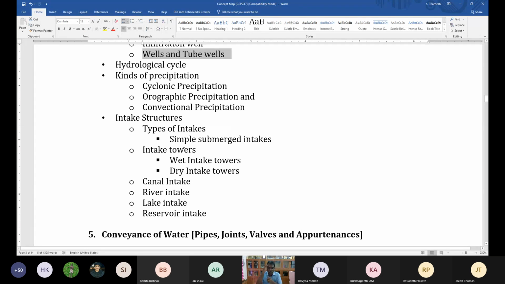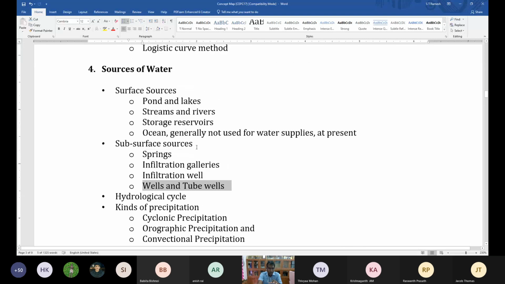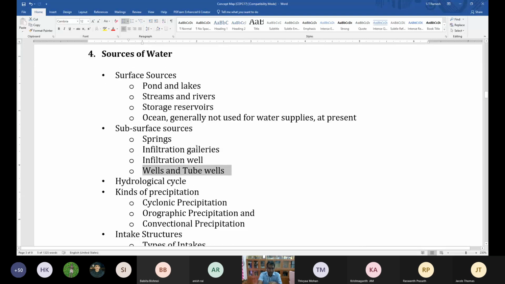Normally these are all classified as intake structures, either intake towers or submerged intakes, if you are depending on canal intakes, river intakes, lake intakes and reservoir intakes. So we'll be discussing mostly surface and subsurface sources.